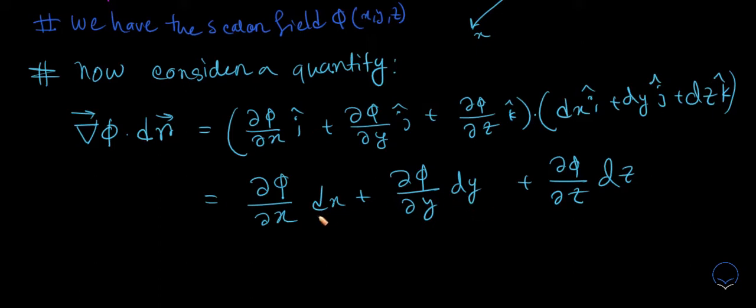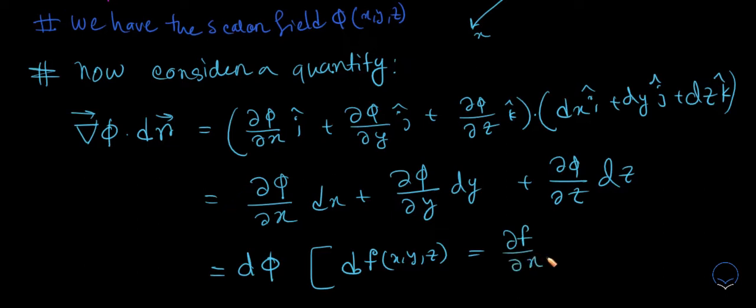This is indeed the absolute differential of the scalar field phi. So this is just d phi, because if you have a function f of x, y and z, df is just the partial derivatives times their small displacements. This df is called the absolute derivative, or the absolute differential.